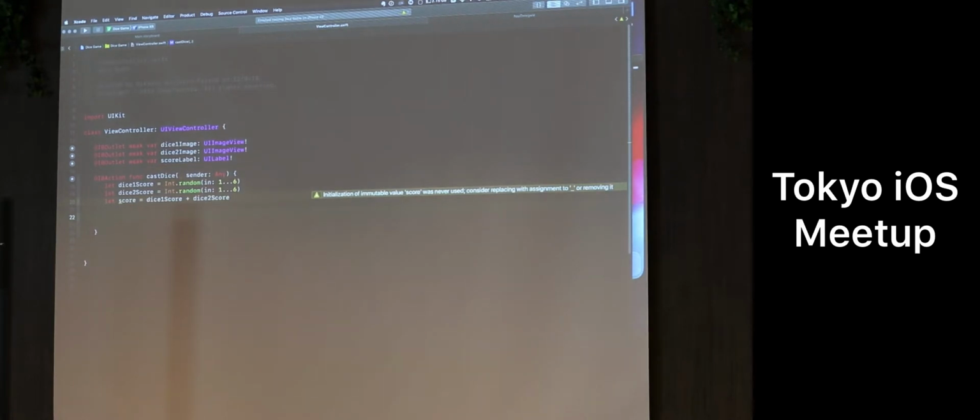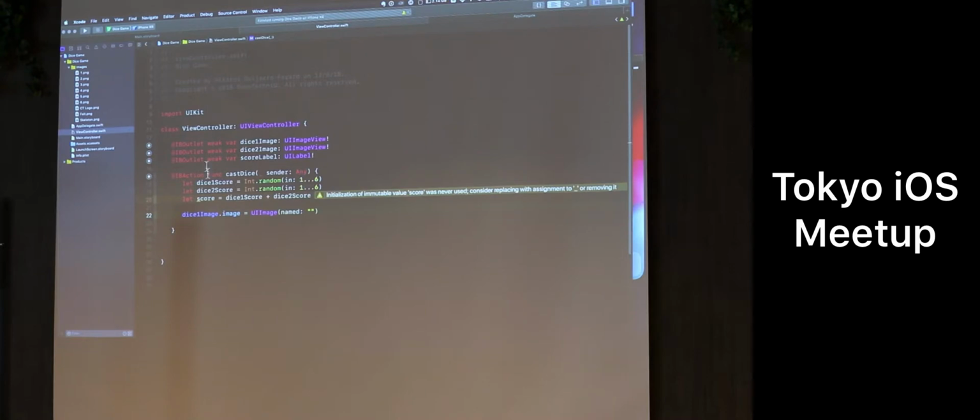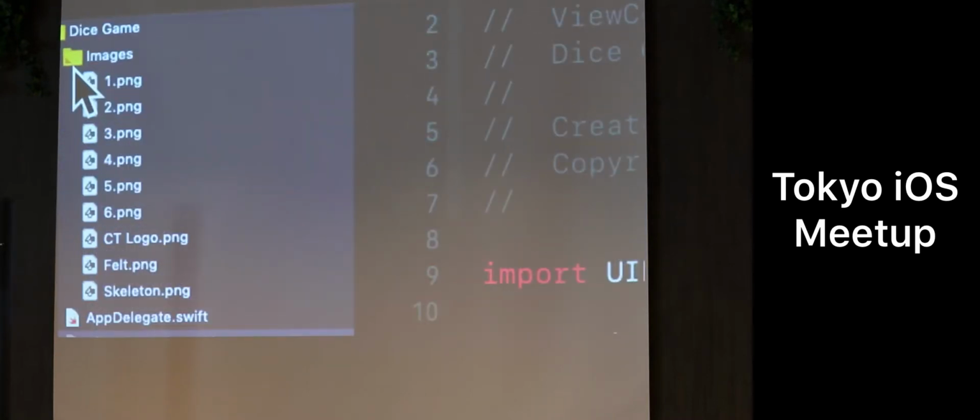Since we have imported images 1, 2, 3, 4, 5, 6 PNG, it's very simple here. We just assign a new UI image to our image. So dice one image, which is an image view actually, image equals UIImage, and then this function takes a string, and so basically what I'm going to tell it is if I get a 1, take the file 1.png.